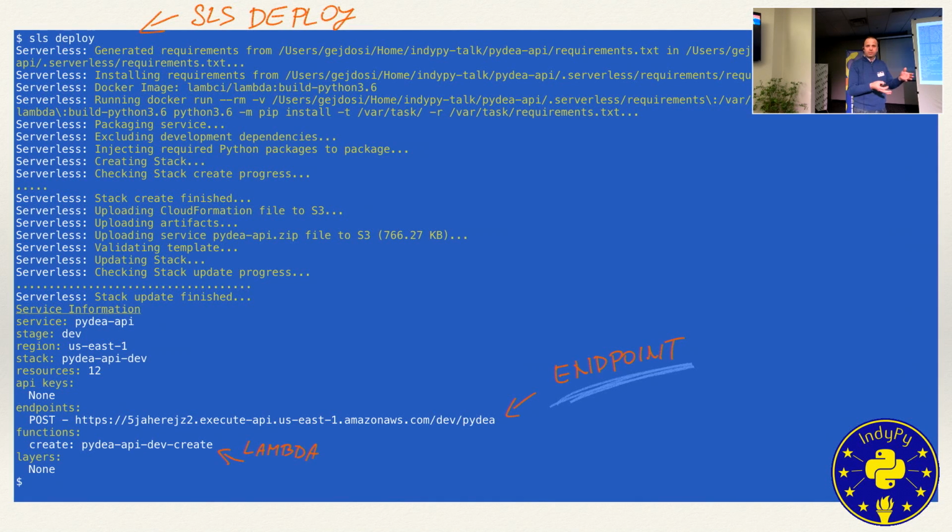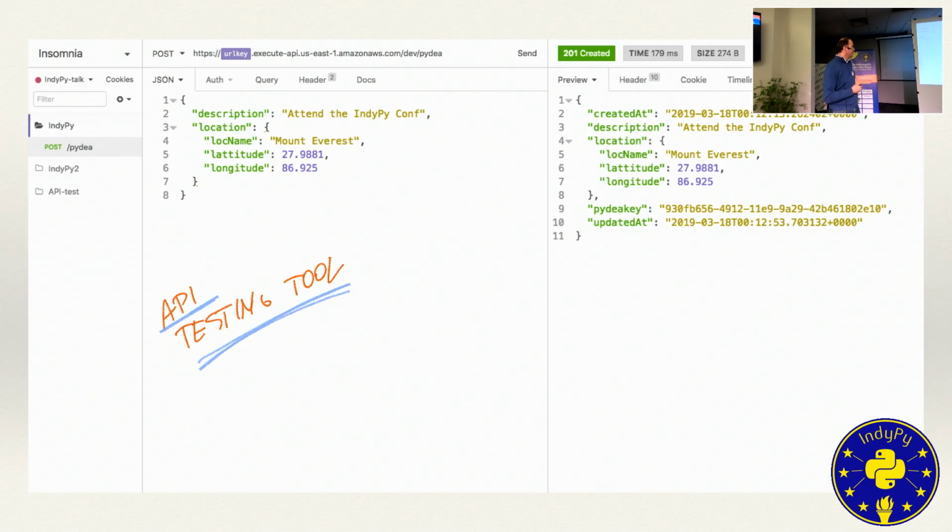Deploy tells me it created this endpoint for me, and since I didn't set up my own domain, it's just going to use Amazon's, and it gives you a unique key in the path so it's differentiated. And it tells me it created one Lambda function for me, and that's it. Now I can start accessing this API, and I'm using the Insomnia tool for testing it.